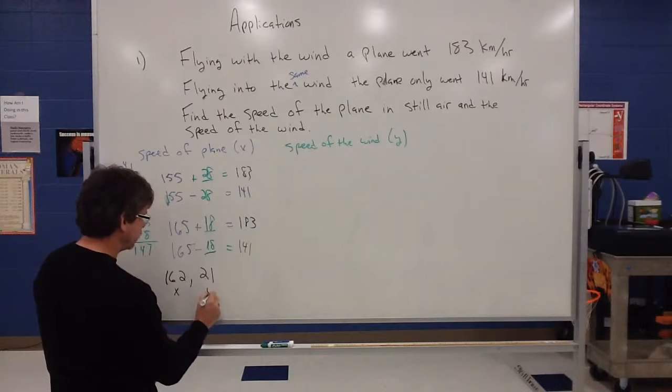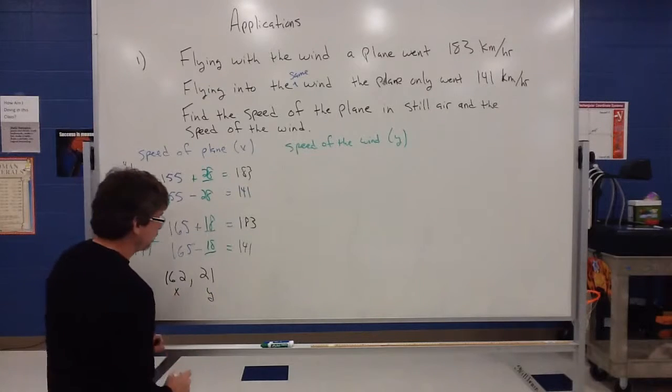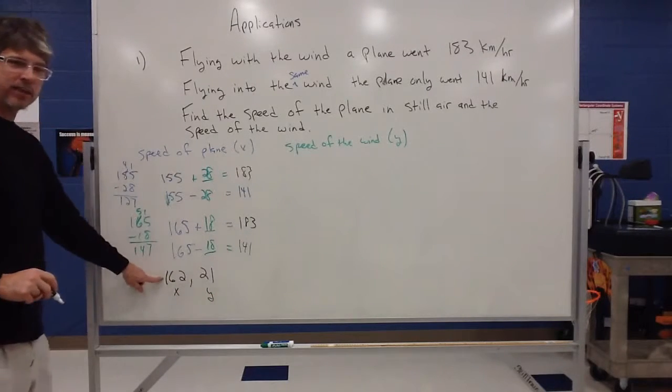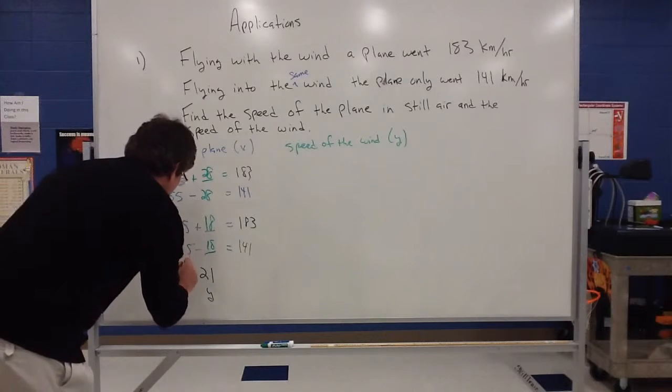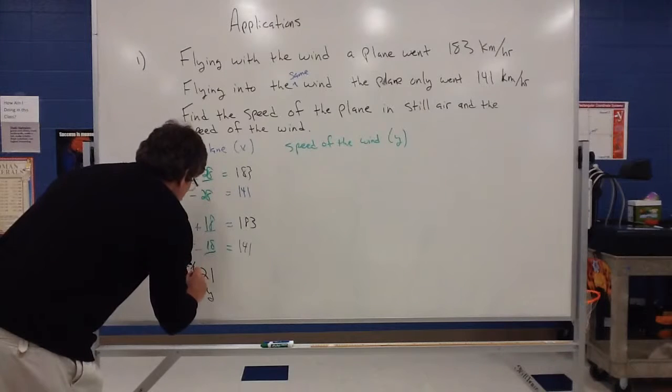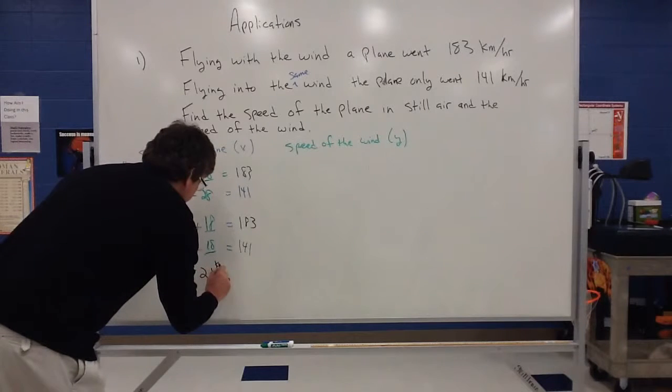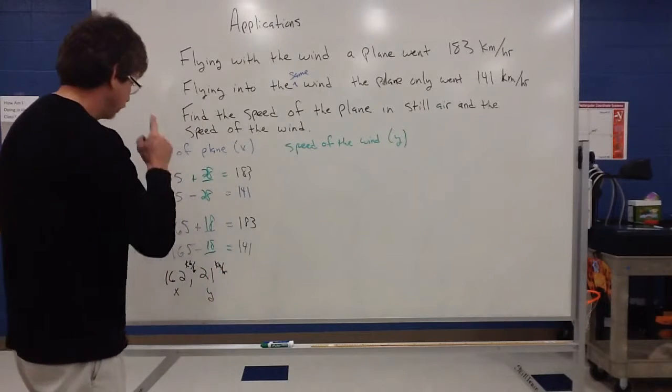That's my plane speed and that's my wind speed. I keep saying that backwards. So 162 kilometers per hour and 21 kilometers per hour would be those 2 things.